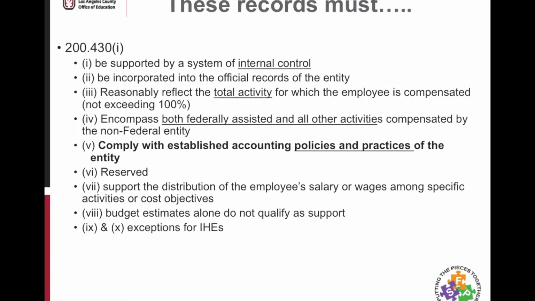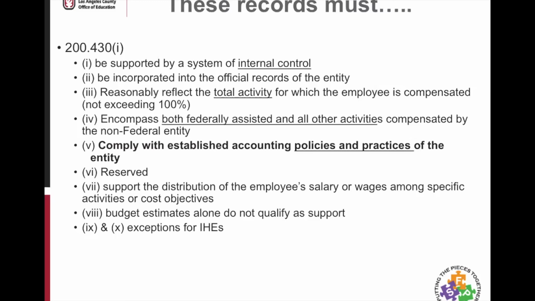It has to include both federally assisted and other activities. So that's why, although state programs and state general fund programs don't require time and effort reporting typically, if you have a multi-funded person who's funded with both federal grant and state funds, it triggers time and effort reporting.